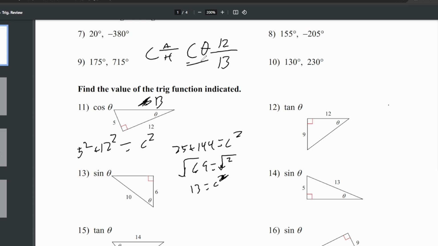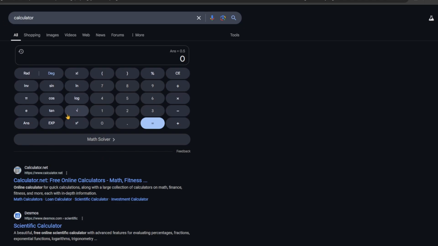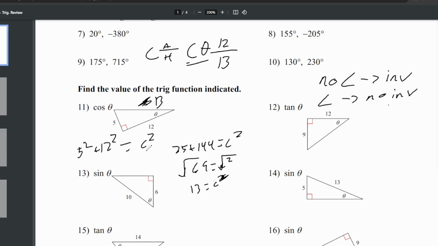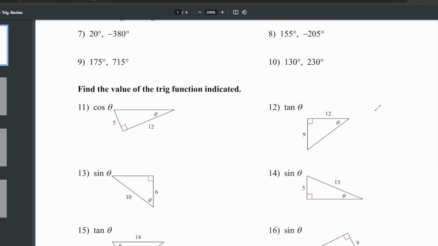When we don't know the angle, it's inverse. No angle, inverse. Angle, no inverse. Let's go. So inverse cosine of 12 over 13 would mean this angle would measure around 22.16.